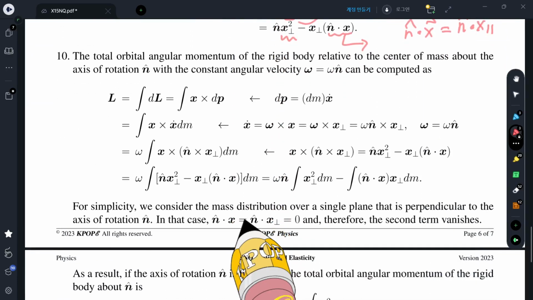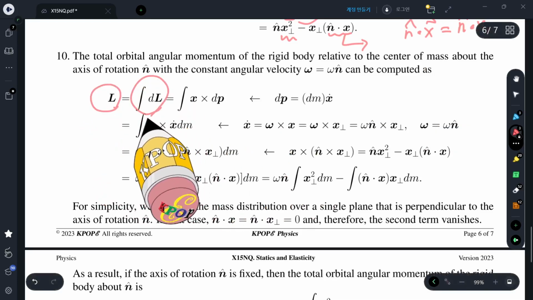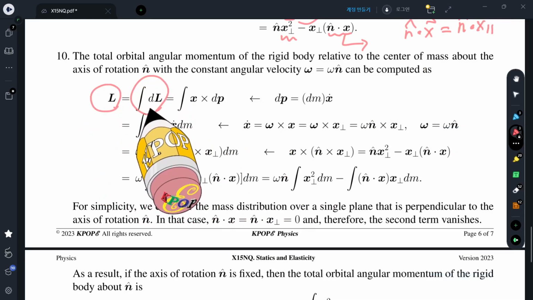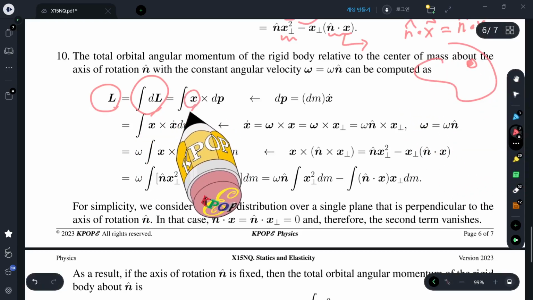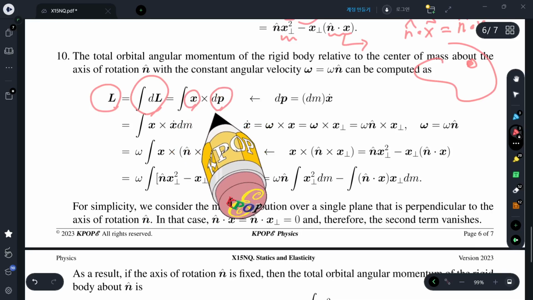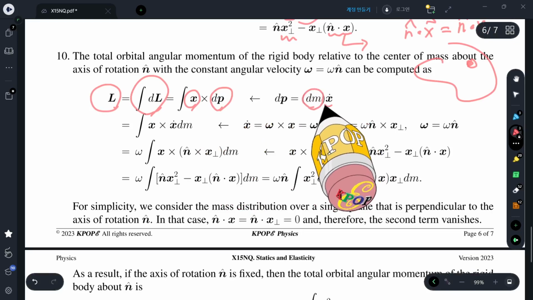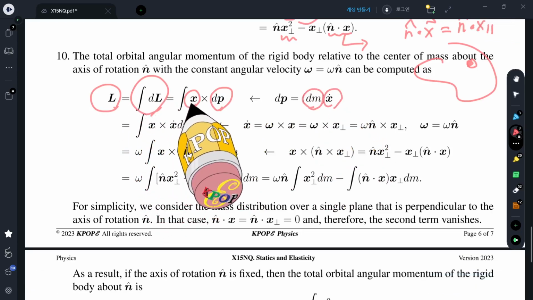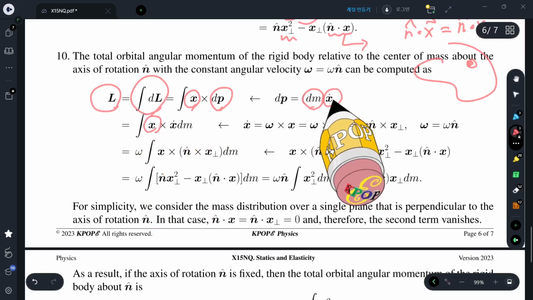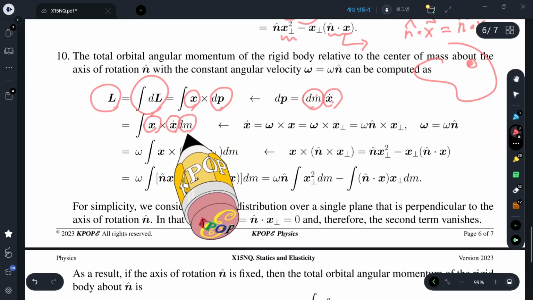The total orbital angular momentum can be computed as the sum of differential mass elements at point x times momentum. That is linear momentum. Linear momentum is mass times velocity. And we have x here, velocity here, and the mass element.